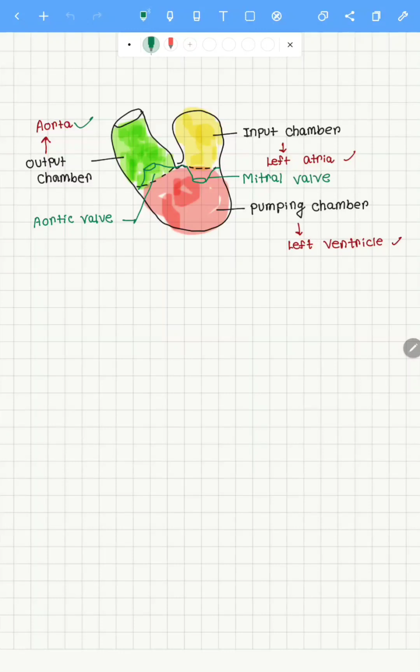Now keep in mind that the mitral valve will pass blood from the left atrium to the left ventricle only, but it will not give passage to blood from the left ventricle to the left atrium. Similarly, the aortic valve will give passage of blood from the left ventricle to the aorta only, not from the aorta to the left ventricle. So let me write these things.